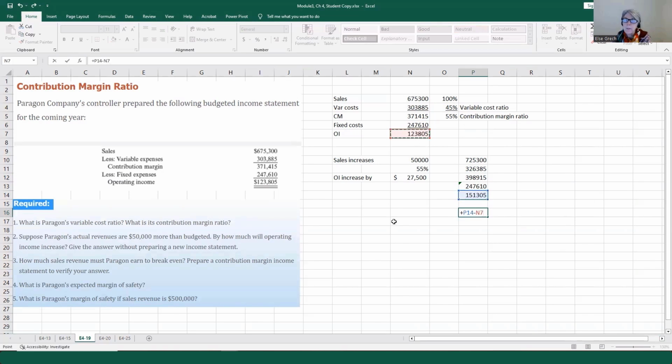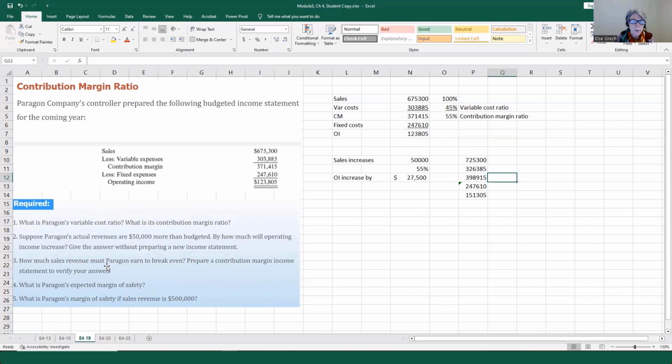I bet you it's $27,500. $27,500. Why? Because the only thing that changed was my contribution margin by $27,500. And to prove that, let's just take the difference, $27,500. Why? Fixed costs don't change, not within the relevant range.